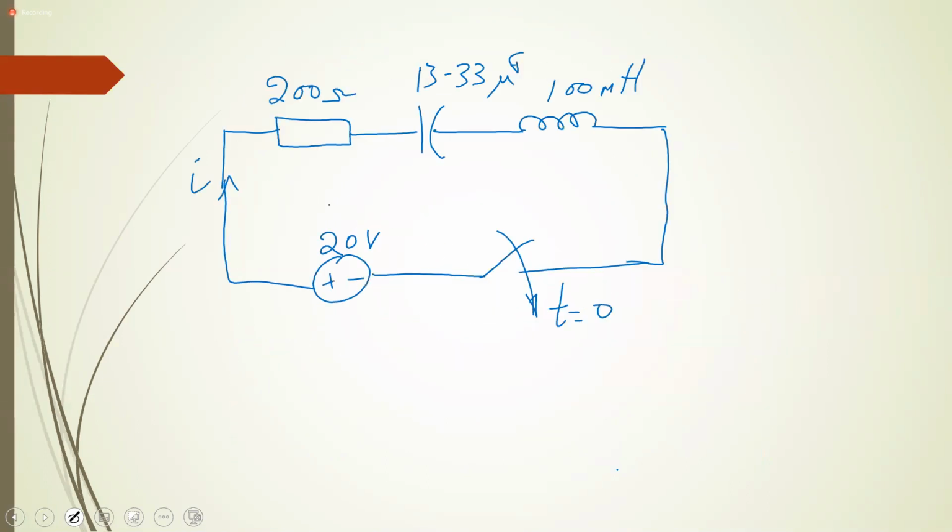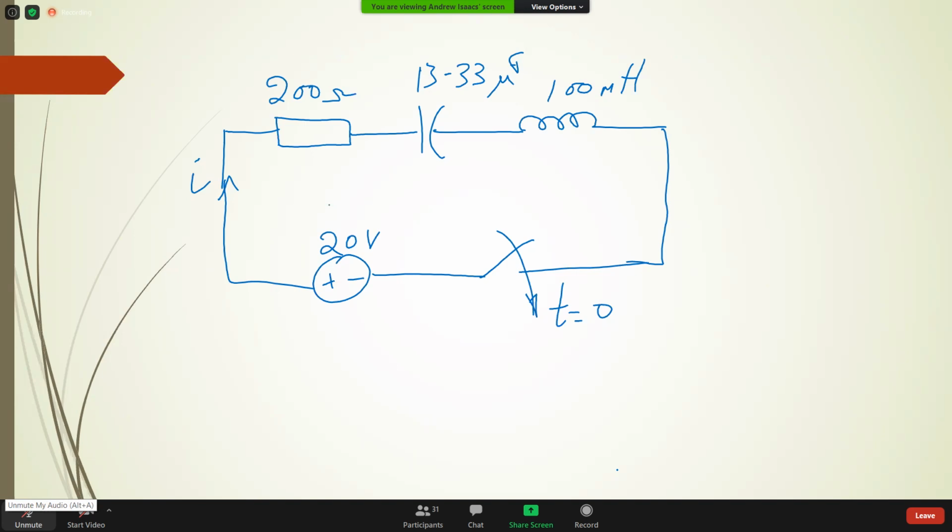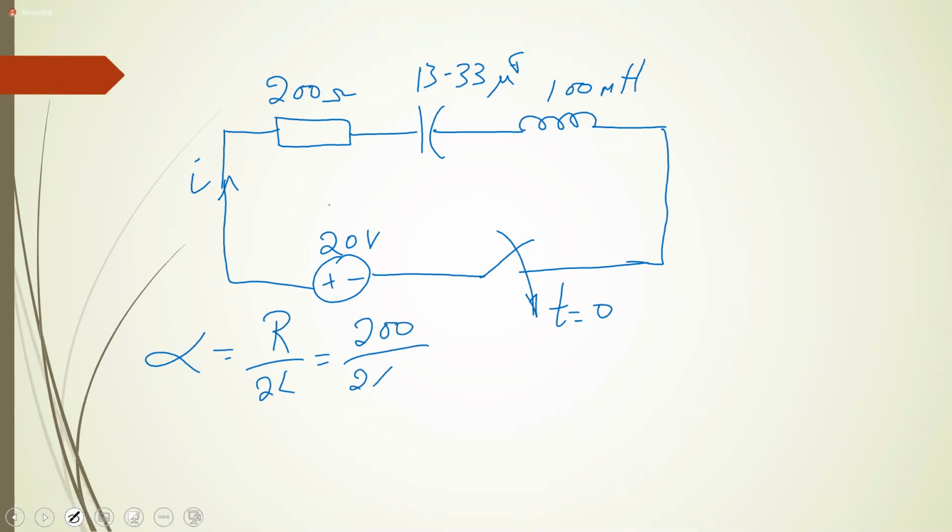So let's get back to our circuit. So here's my circuit. As I said, the first thing we want to determine are the values for alpha and omega. So alpha is equal to R over 2L. All right, so that will be 200 over 2 times 100 times 10 to the minus 3.